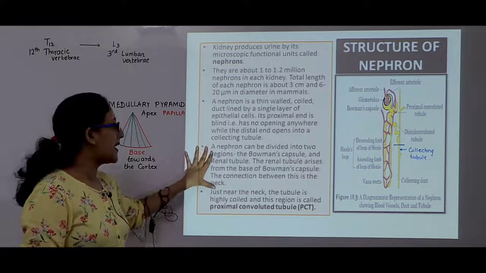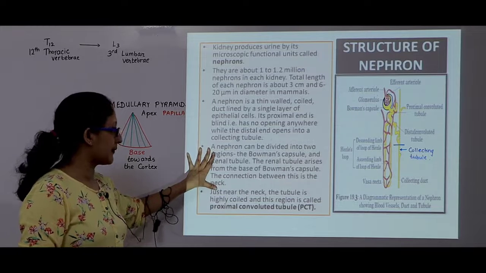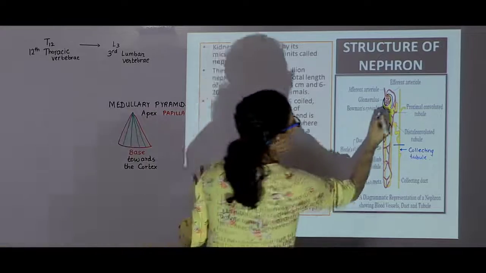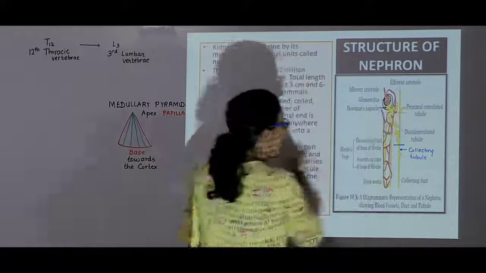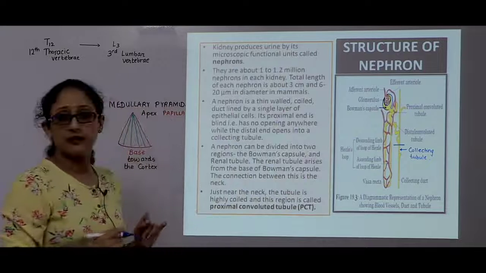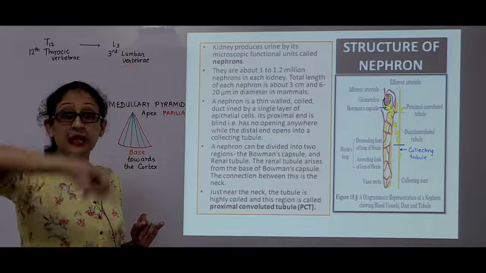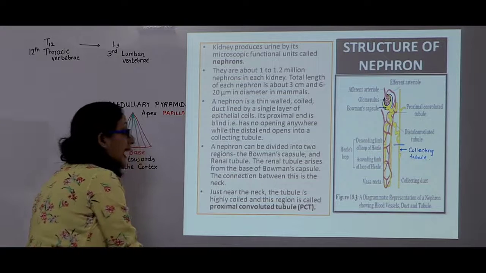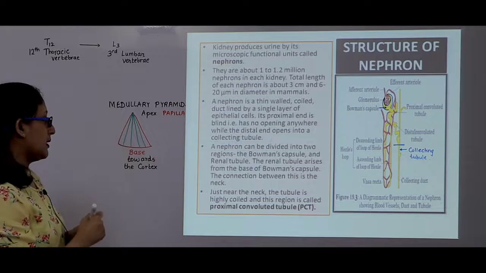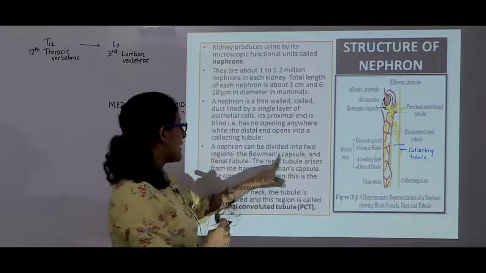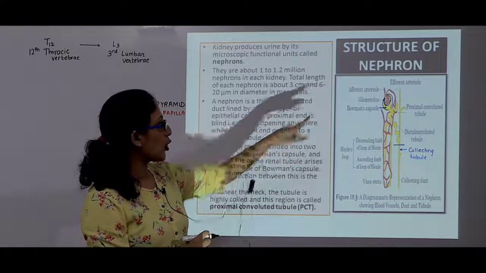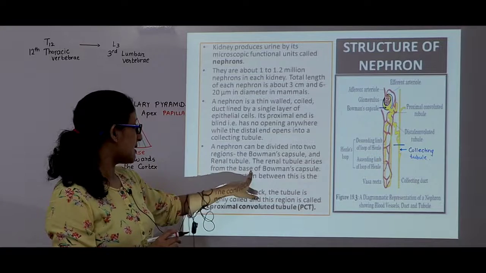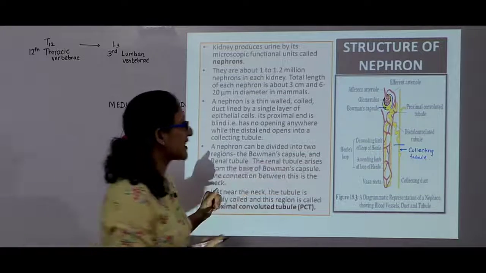What are the basic components of it? You have the Bowman's capsule, which I have drawn. After the Bowman's capsule, you have a renal tubule. The renal tubule, I am giving a black outline for it. So the two parts are Bowman's capsule, which I have drawn in blue, and the renal tubule, which arises from the base of the Bowman's capsule.